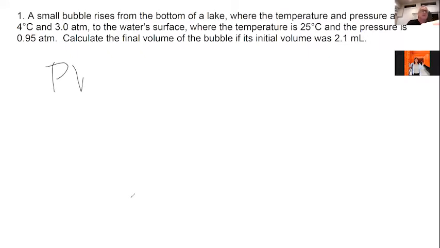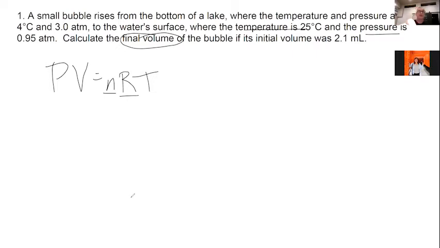So I just start with PV equals nRT, and then I try and figure out, well, what is it that I'm trying to calculate here? Basically, I'm trying to figure out the final volume. The pressure changes, and the temperature changes, but the number of moles stays the same. So in other words, the only things that stay the same are the number of moles and R, because R is always the same.